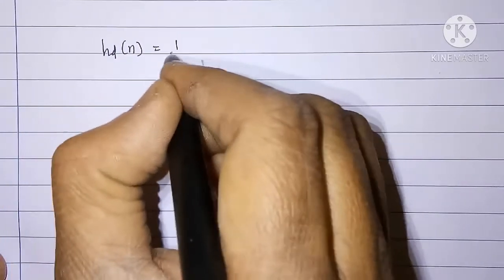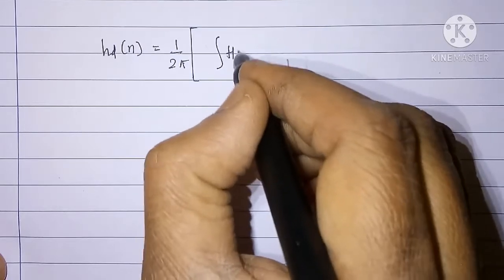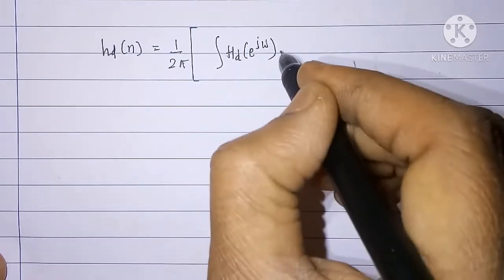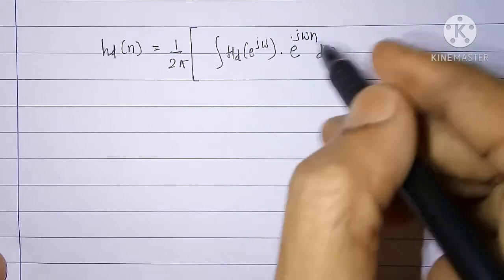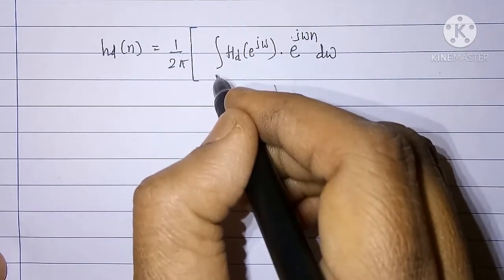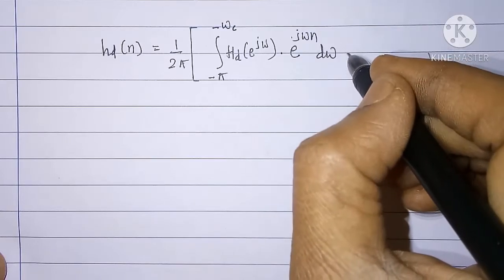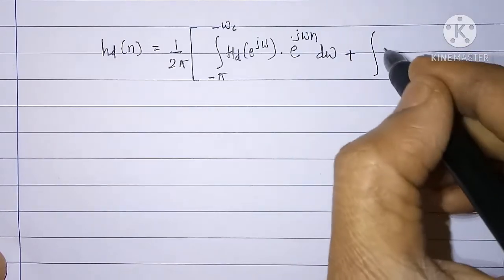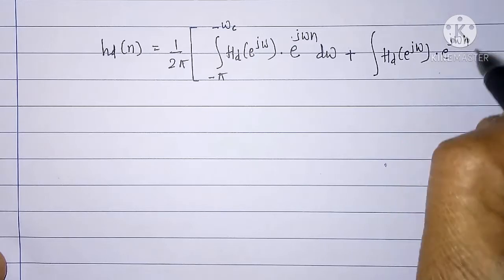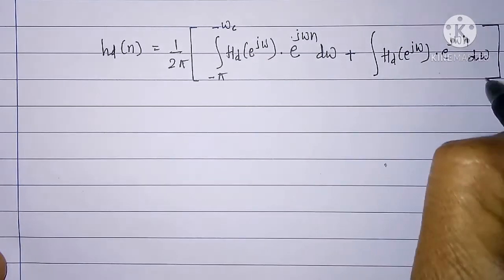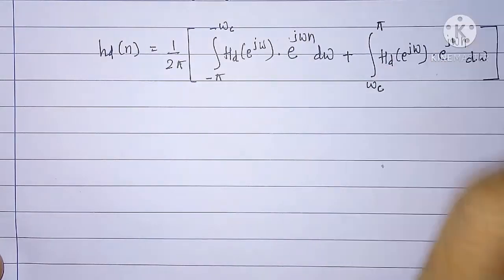So HD of n is equal to 1 by 2 pi integration of HD of e raised to j omega into e raised to j omega n d omega with the limits minus pi to minus omega c, plus integration of HD of e raised to j omega into e raised to j omega n d omega with limits of integration omega c to plus pi.